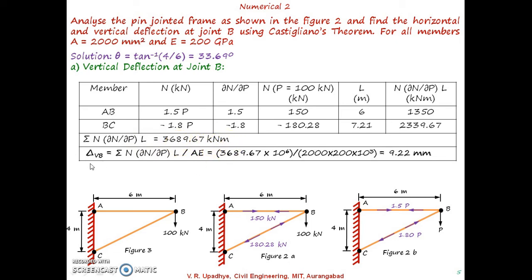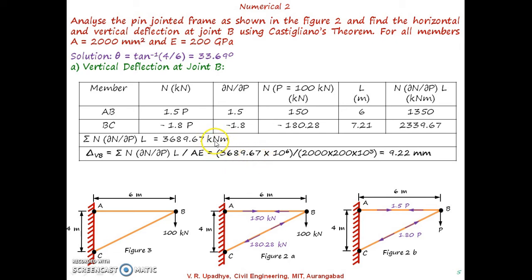Now, if we go for finding the complete equation, delta VB, that is the vertical deflection at joint B, that is summation n del n by del P L divided by AE. This complete term is already calculated, that is 3689.67, and that is in kilonewton meter.